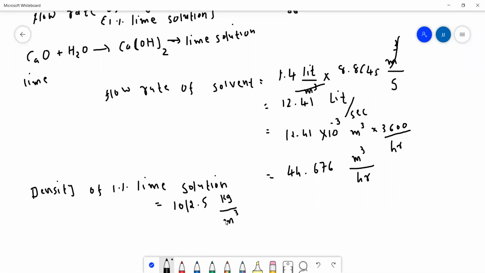So now we have to find the mass flow rate of solution because it will be required somewhere, in kg per second.